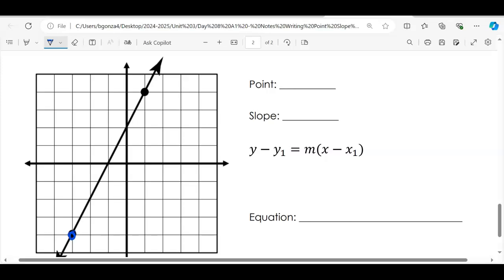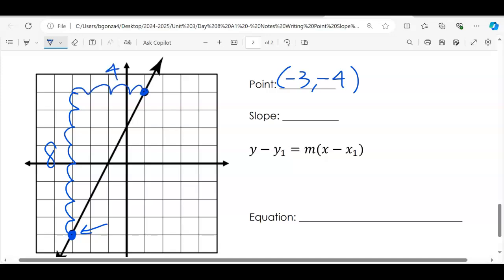What if I have this point here and this point here? I need to pick a point, so I like to pick the one on the left. This one is 3 to the left, 4 down. That's -3, -4. Now the slope goes up 1, 2, 3, 4, 5, 6, 7, 8. And it runs 1, 2, 3, 4.